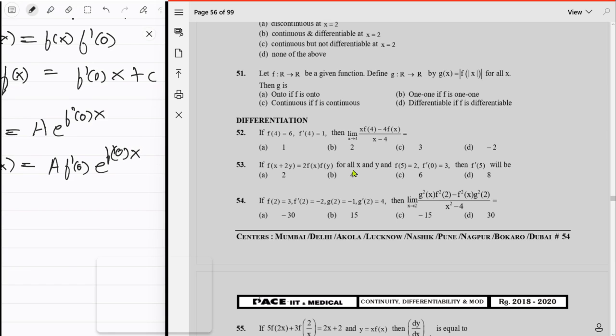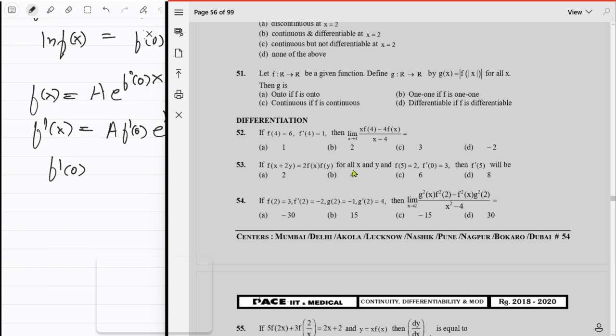So when you put x equal to 0, you get f dash of 0 is equal to a f dash of 0. Now if f dash of 0 is 0, then f is just some kind of constant. But then what kind of constant works? a equal to 2a squared, so a is 0 or 1 upon 2.